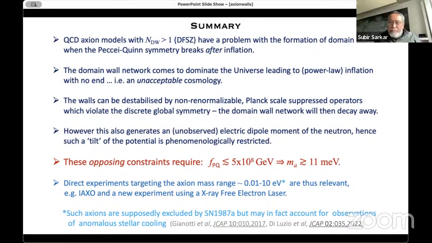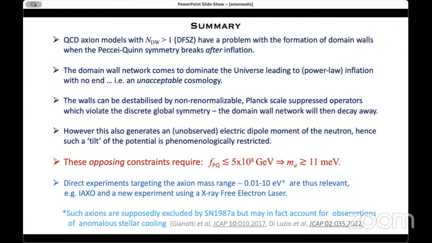Hello. May I ask a very naive question? Please. So you are saying that the ZN symmetry is broken by some tilt. So if this symmetry is broken, how does this domain wall form in the first place? Because it seems like there is no ZN symmetry.